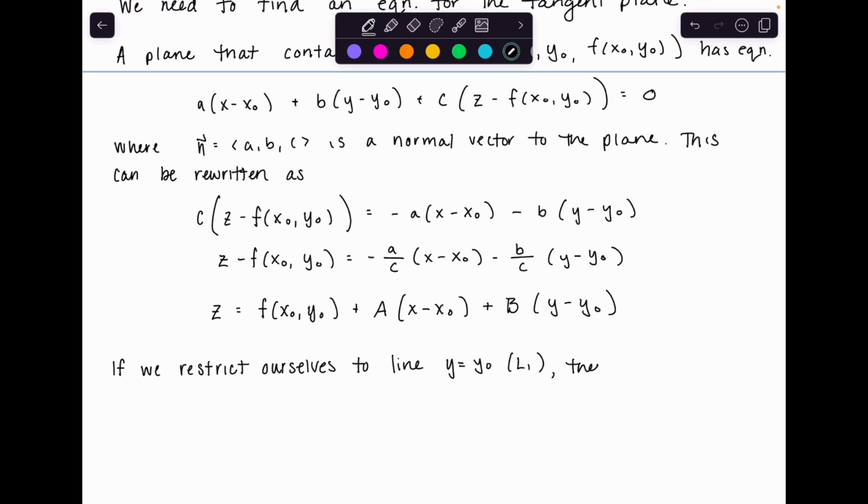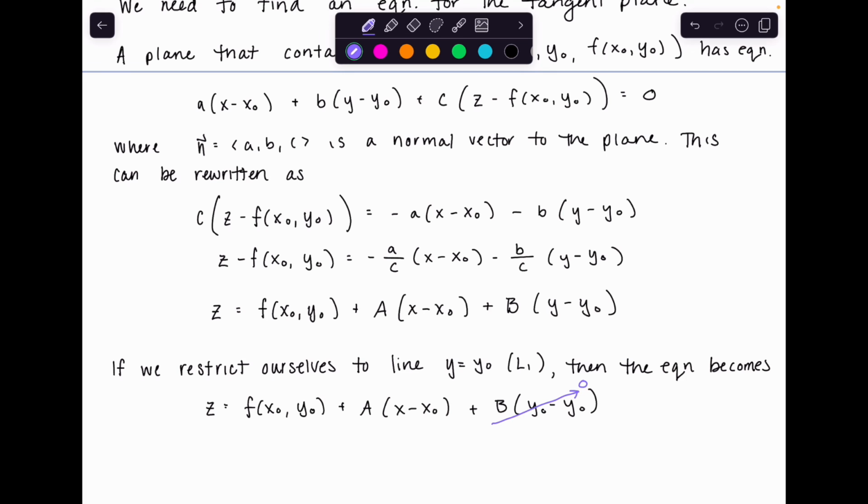Then this equation becomes the following. We have z is equal to this initial point plus a, and then the y is restricted to y naught. So this whole component ends up going to 0. So we get z has to equal this initial point plus a times x minus x naught.